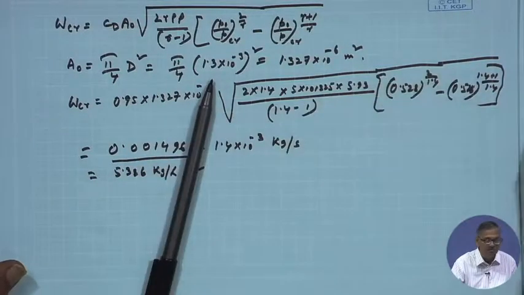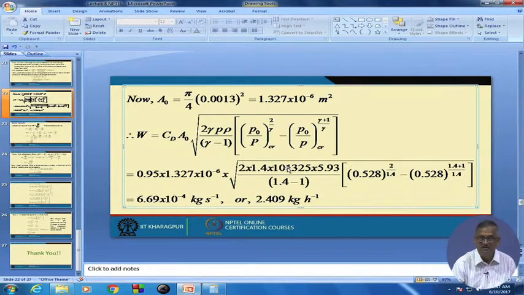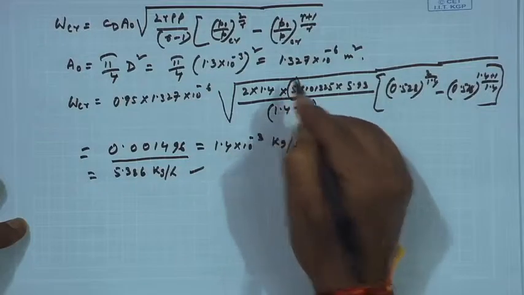So, we missed here somehow this term P, that is 5 into 101325, that should be there, right.